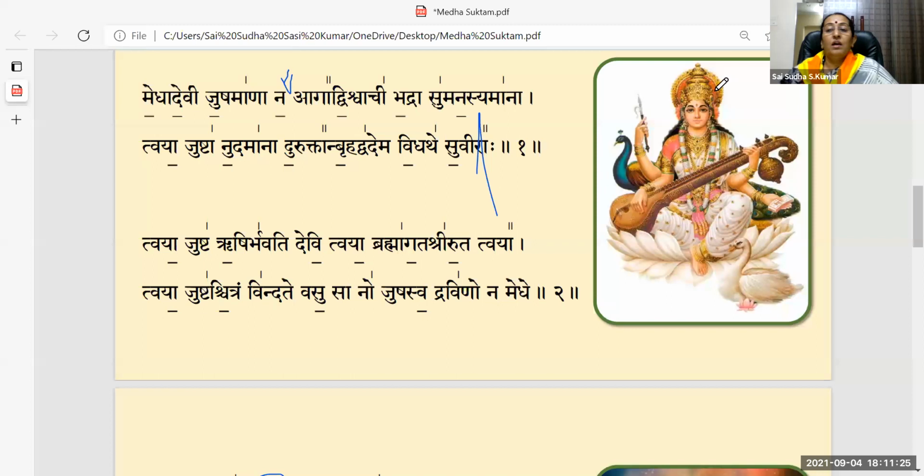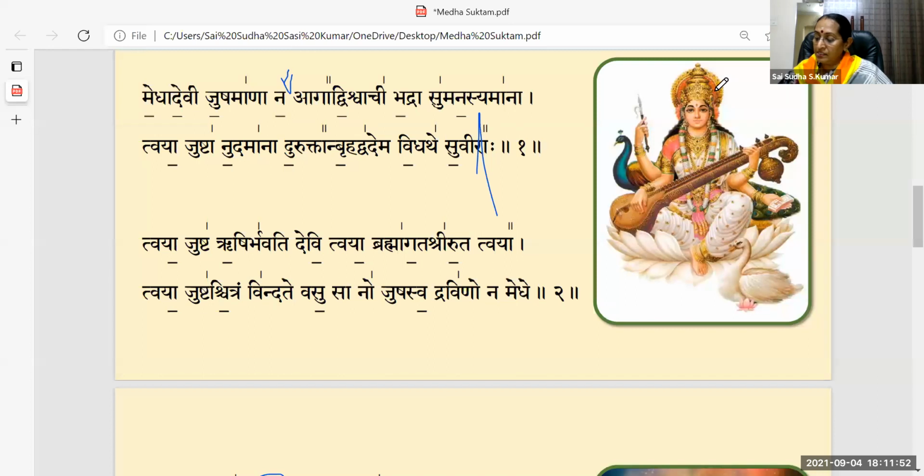here, as I mentioned, intonation is very important. We are praying to Medha Devi, who is pleased with us, and she is all pervasive. She's everywhere, and she comes with a positive attitude, and thus she blesses us with all these qualities, and with intellect.